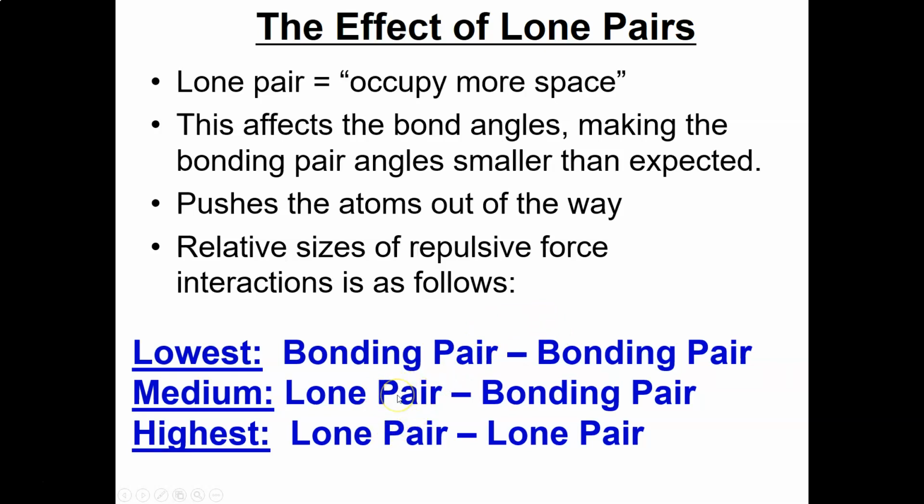If you have a lone pair and you have electrons inside a bond, there will be a little bit more repulsions happening. And then if you have two lone pairs, you're going to get even more repulsions happening. So let's look at an example of the bond angles getting distorted.